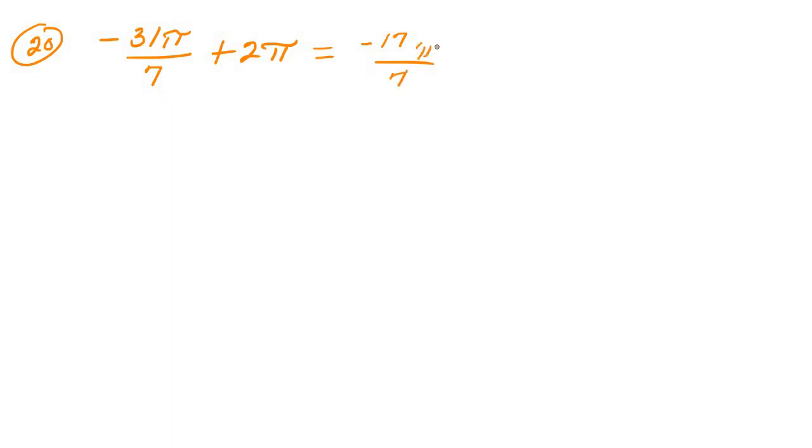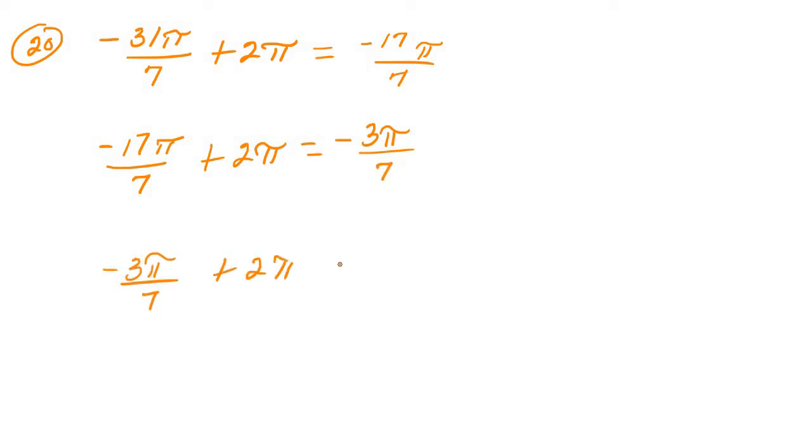But we have to put that pi in there. And I can see that I'm still having a negative angle here, so I have to add another 2 pi to that. So that would be negative 3 pi over 7. And then add another 2 pi. So I have 11 pi over 7.